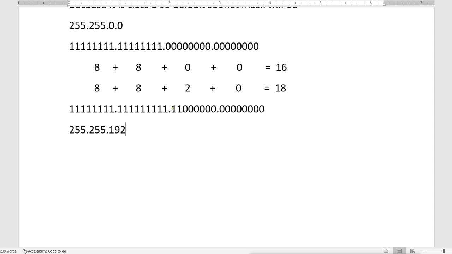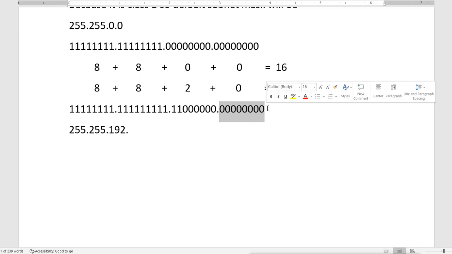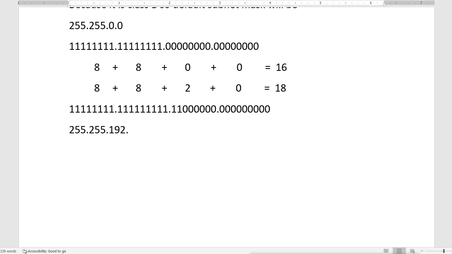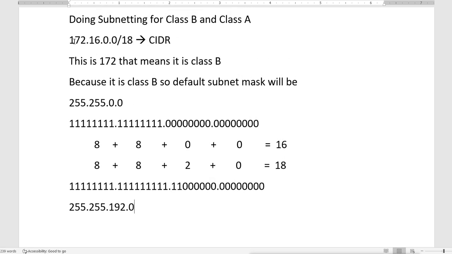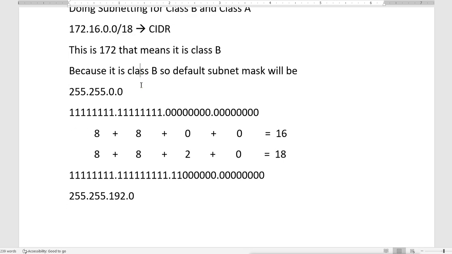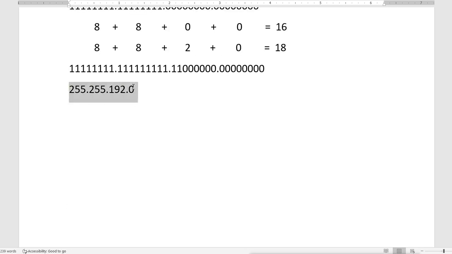So instead of 0 here, now we have 192 here. Then dot, and this one is already 0, so it remains 0. And this is the subnetted mask of /18. So when someone writes /18, this is the subnet mask they want.